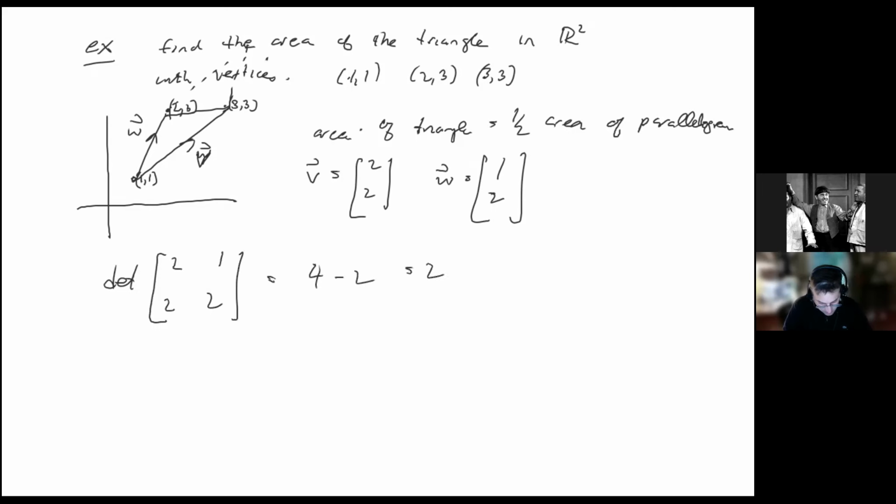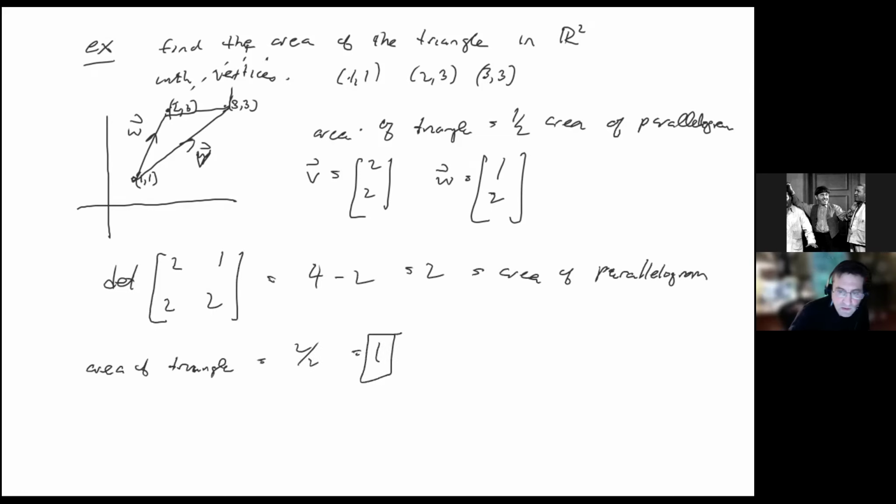So that's the area of the parallelogram. Now all we have to do is take 1/2 of that. So the area of the triangle in question is 2 over 2, which is 1. Okay, so that's pretty simple.